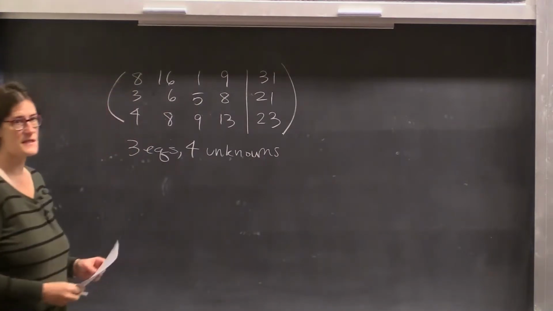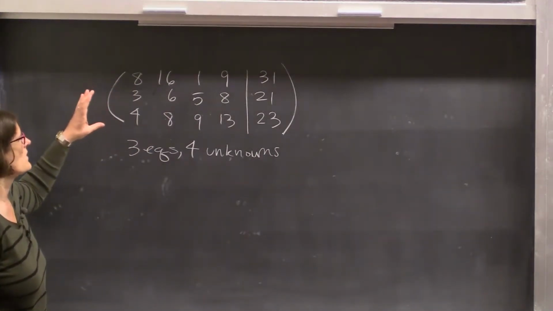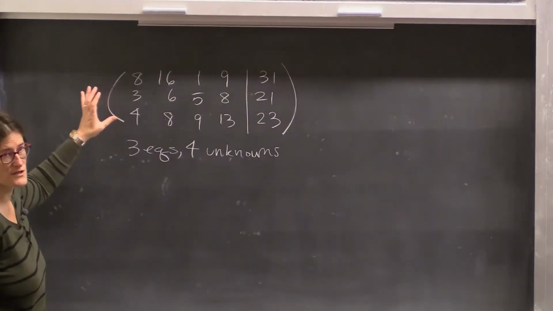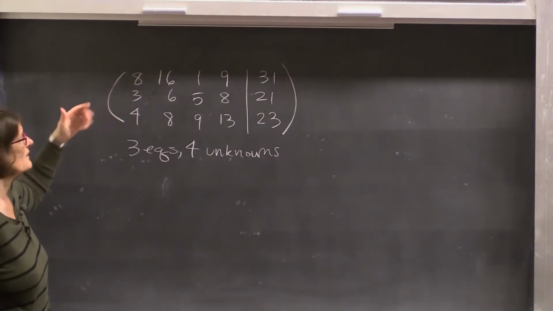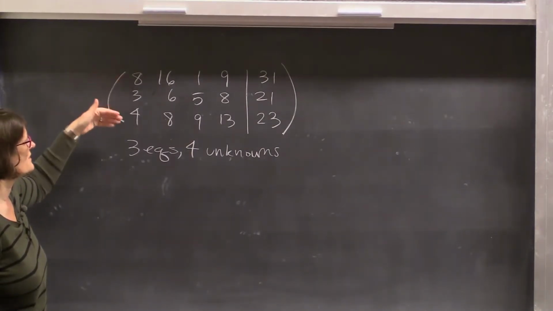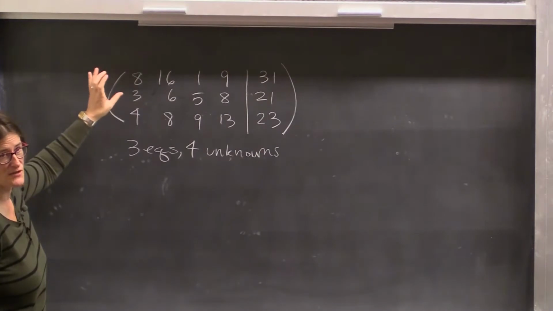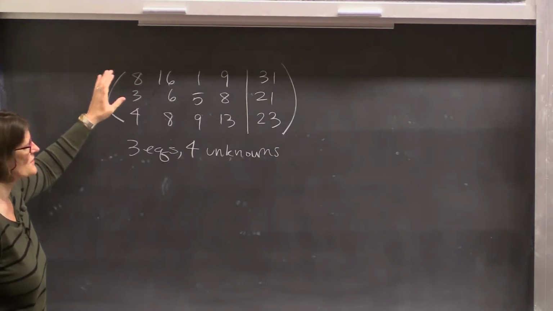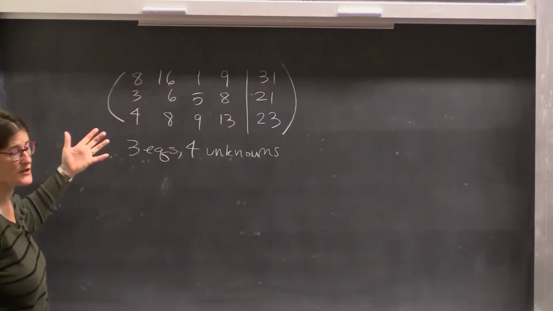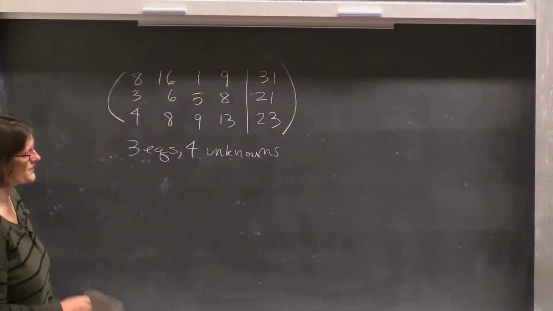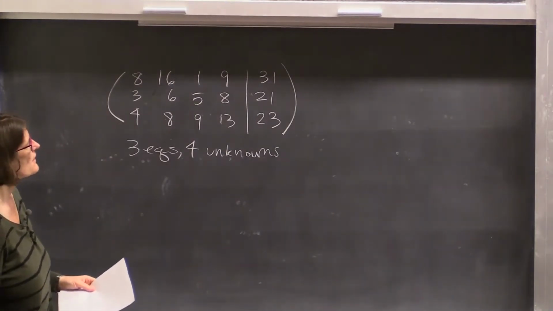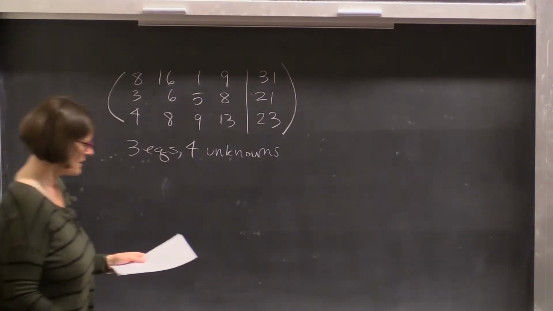Now, the thing is that you don't actually know whether all 3 equations are equally important. It could be that one equation is a linear combination of the other 2 equations, and so you don't really have 3 independent equations. That's the entire point of the reduced row echelon form. So we carry this matrix.